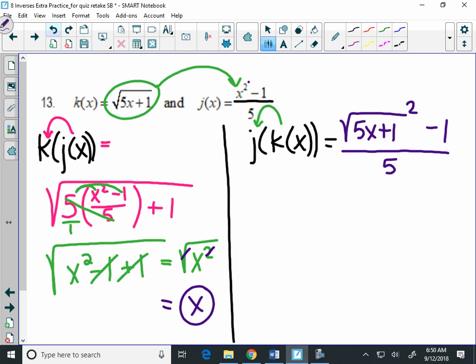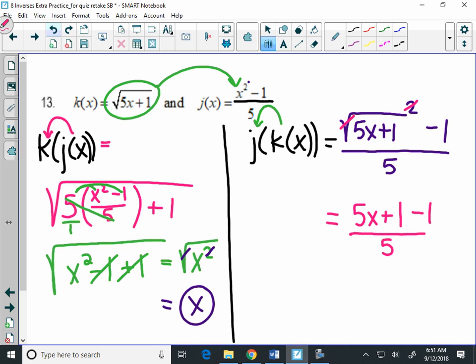All right, now, here, in order to start, the very first step you need to do, before you can deal with the 5's, before you can deal with the 1's, is to get rid of the square root. The square and the square root are inverses of each other. That leaves you with 5x plus 1 minus 1 all over 5.